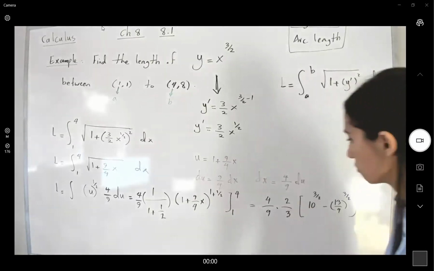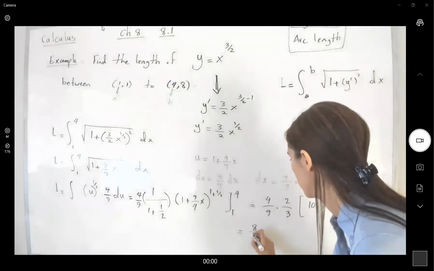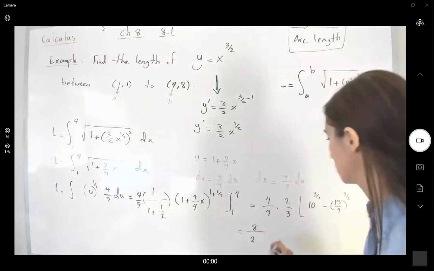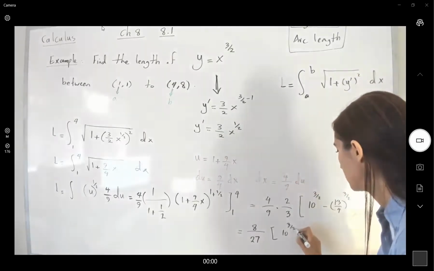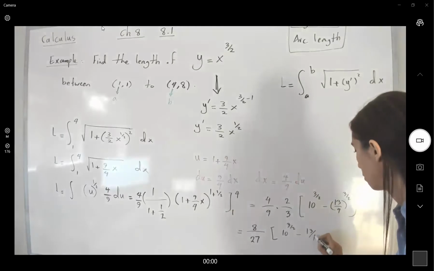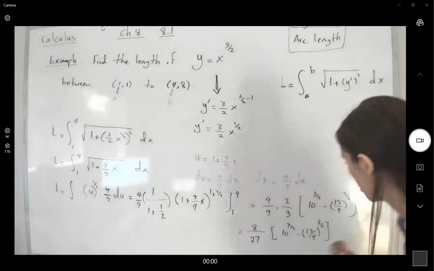So eventually we have to use a calculator. You have 8 over 27 times 10 to the 3/2 minus 13 over 4 raised to 3/2. We need to use a calculator.